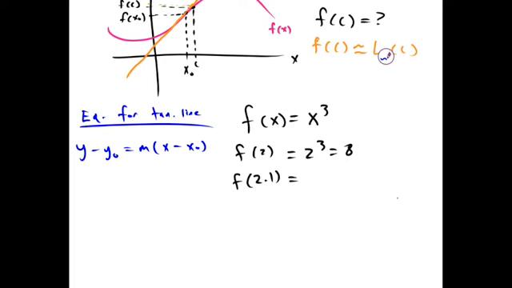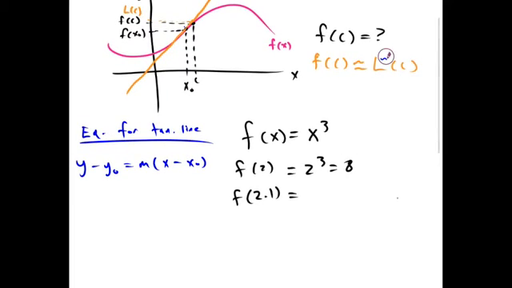In this case, our point on the line is x0 and f of x0. So we can plug in f of x0, and we already have x0.